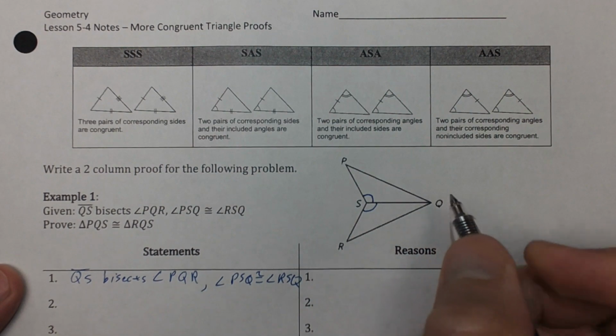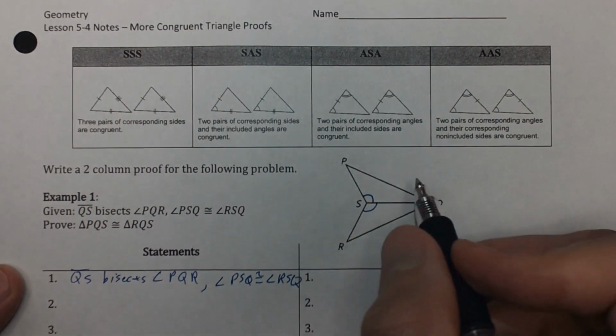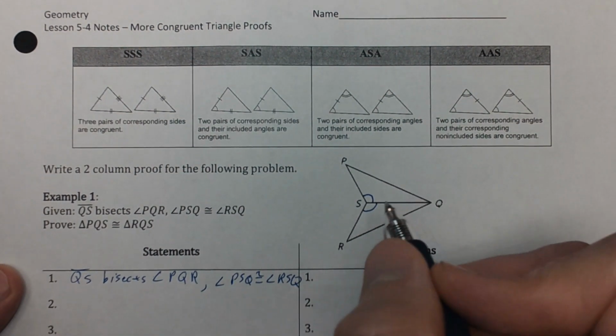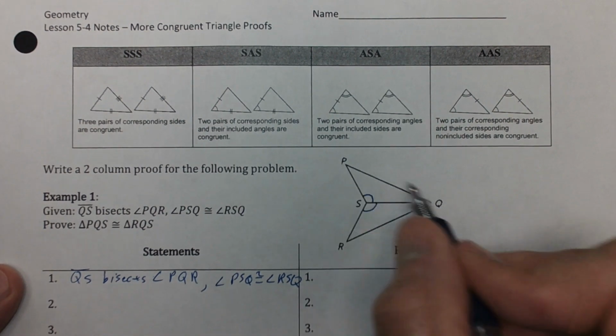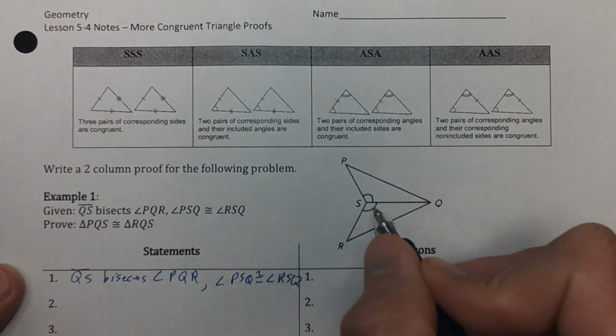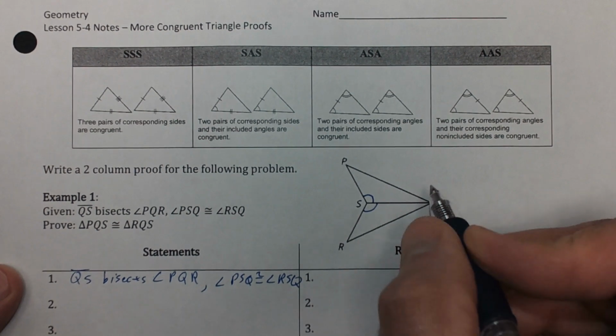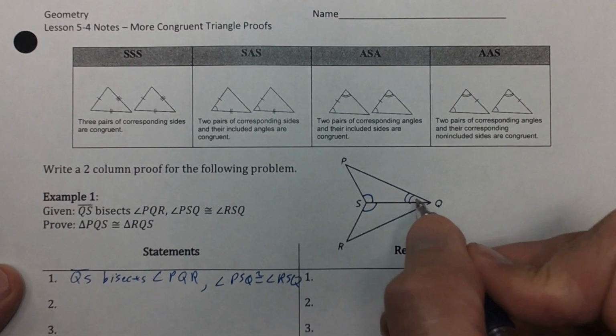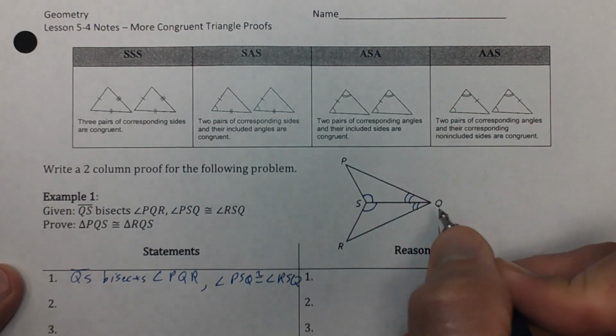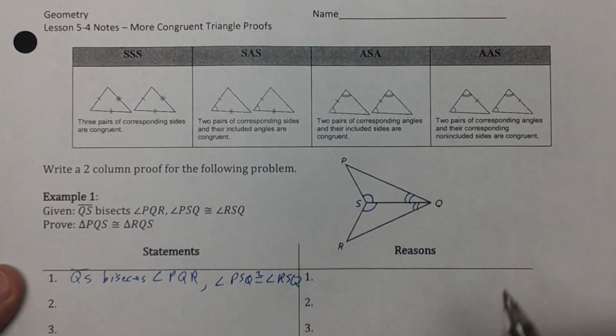Those are congruent to each other. And then I also know from the fact that segment QS is bisecting angle PQR that I'm going to end up getting 2 congruent angles out of that, each of them half as big as the original angle PQR.